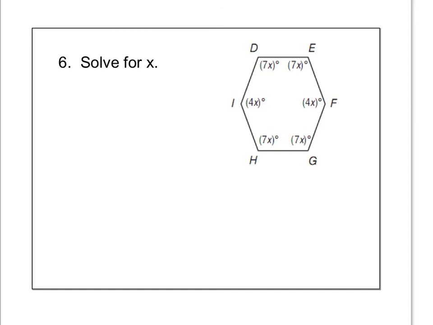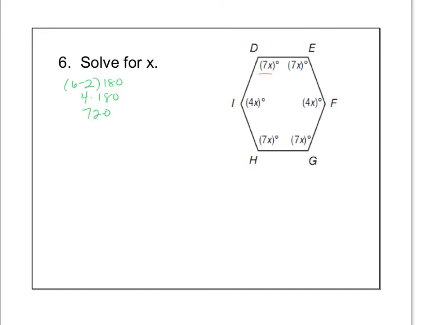Please try number 6. Here we have a hexagon, and we're dealing with interior angles. So we're going to do 6 minus 2 times 180, 6 because it has 6 sides, which is 4 times 180, which is 720. So altogether, these should add up to 720 degrees.